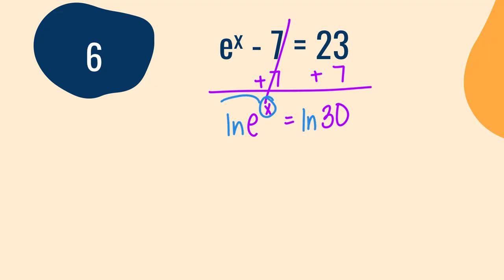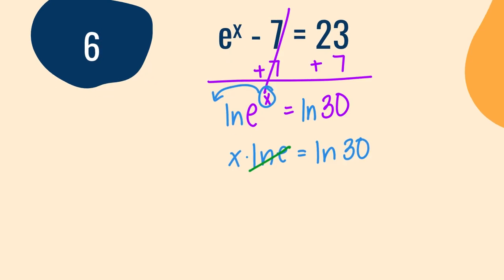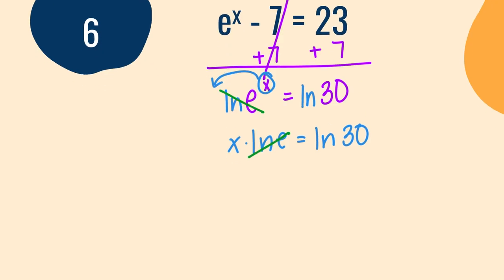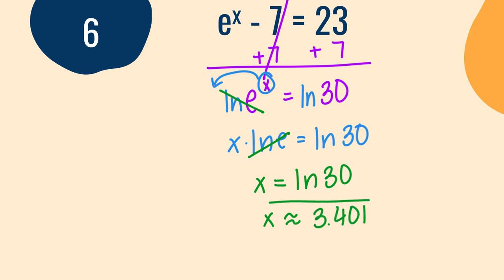Move that x to the other side. x times ln of e equals ln of 30. I'm just writing it out so it's neat. But if you already know at this point, you need to cancel out ln of e. You could even cancel it out here. x equals ln of 30. Go ahead and plug that into your calculator and you're going to get approximately 3.401.